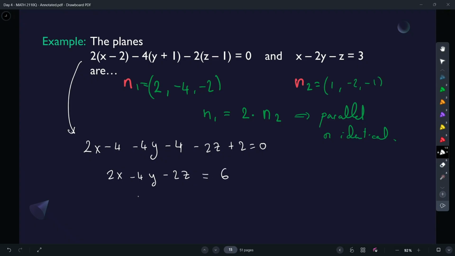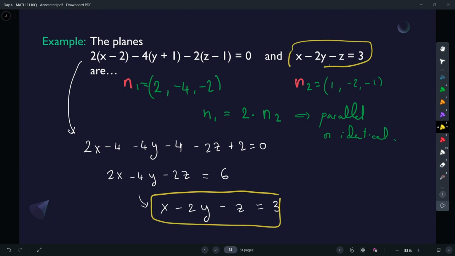And if I divide every coefficient by 2, which I can do, this is x minus 2y minus z equals 3, which is exactly the same as we had here. So they are identical. So to compare relative positions of planes, you need the normal vectors first, and then go from there.